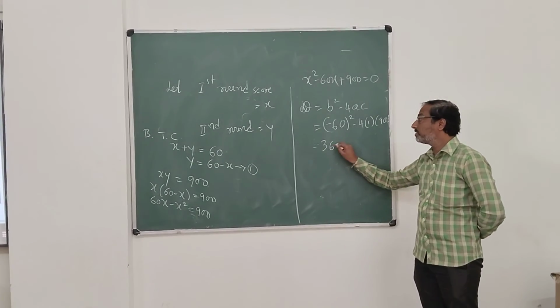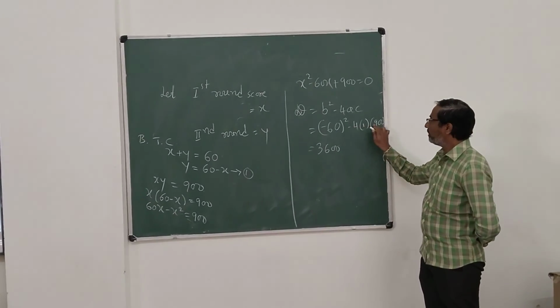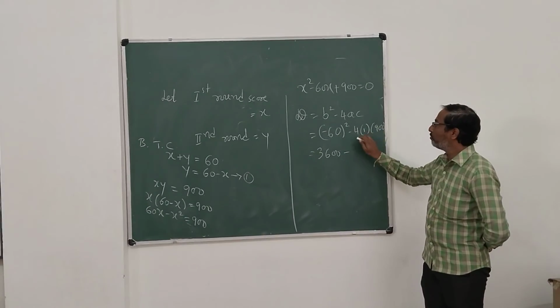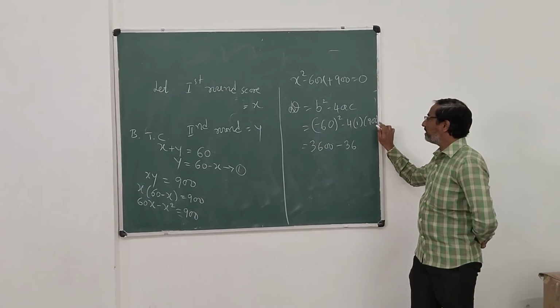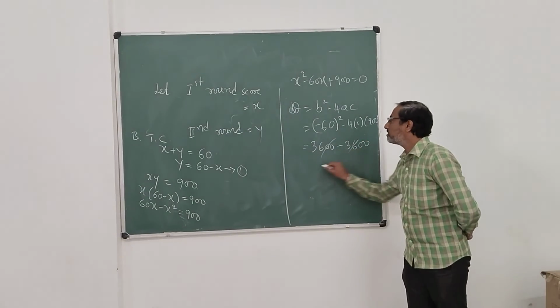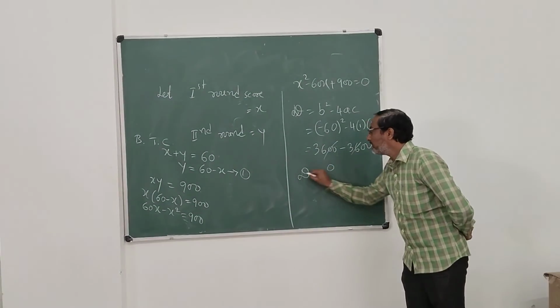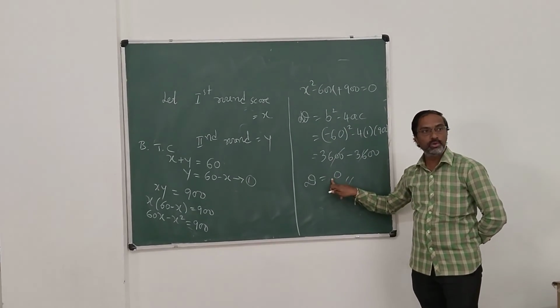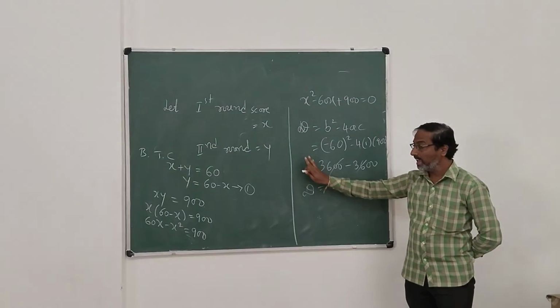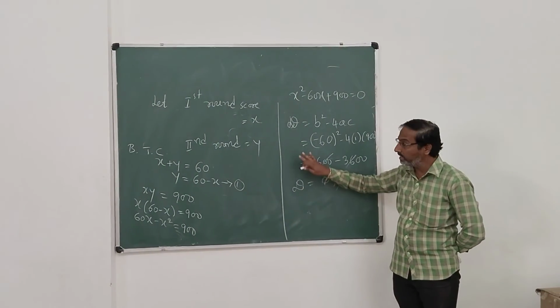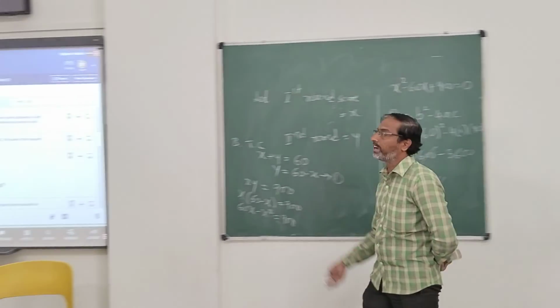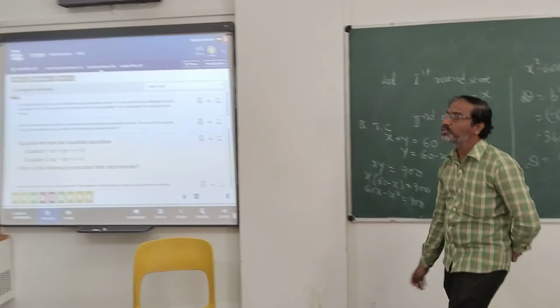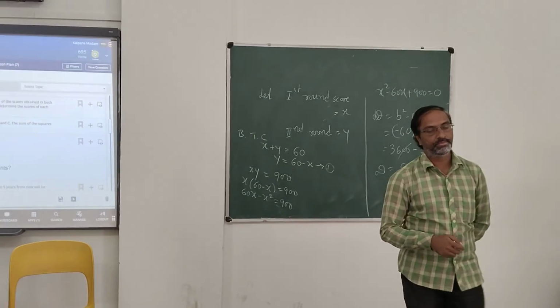So it is 3600 minus 9 into 4, 36, and this double 0. So both cancel and the answer is 0. So we got D equal to 0. And we know that when the D value is 0, real roots exist and both roots are equal. So then this is possible. So you can determine the scores by yourself.